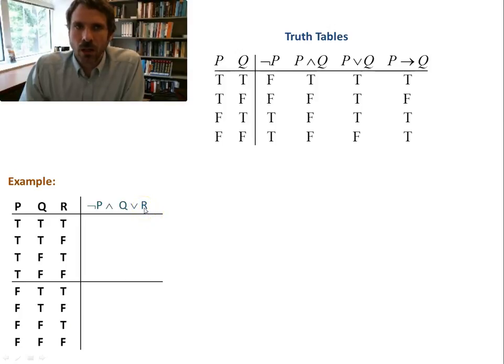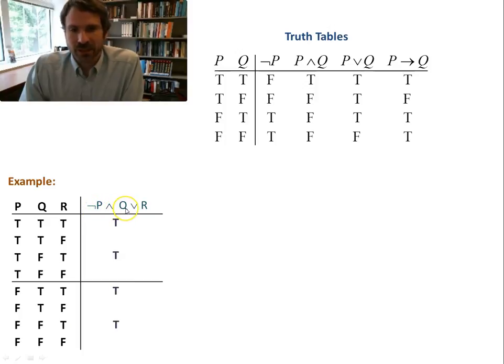So when is R going to be true? That's pretty easy, right? It's going to be true whenever R is associated with the T in the table. So we can see that we can already fill in 4 lines of this truth table just by observing the structure of the expression, because every line where R is true is going to correspond to a place where this is true.